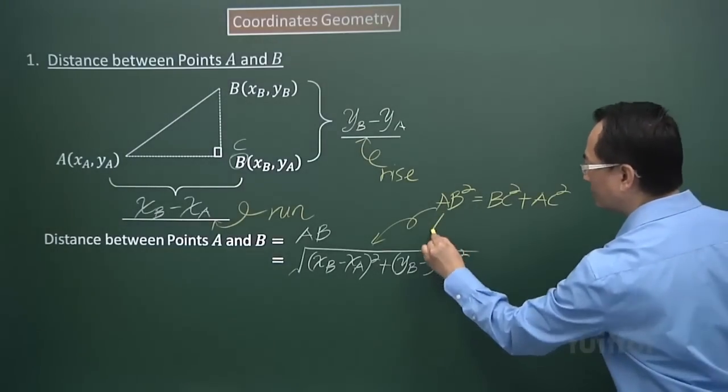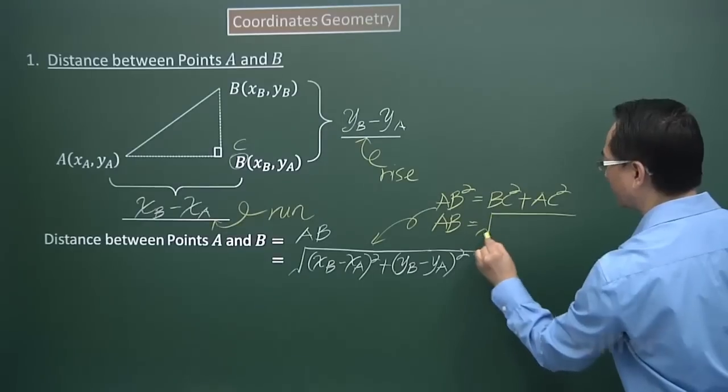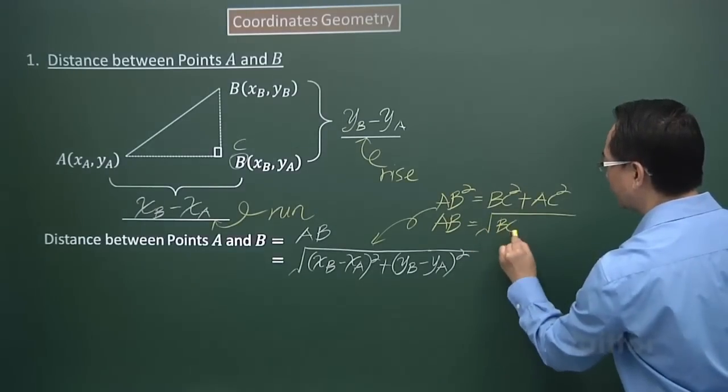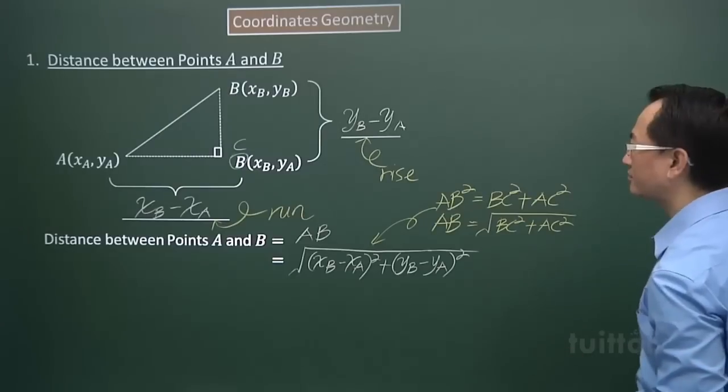So later on, to find AB, I take the square root of BC squared plus AC squared.